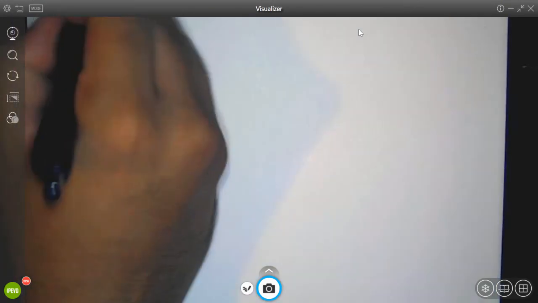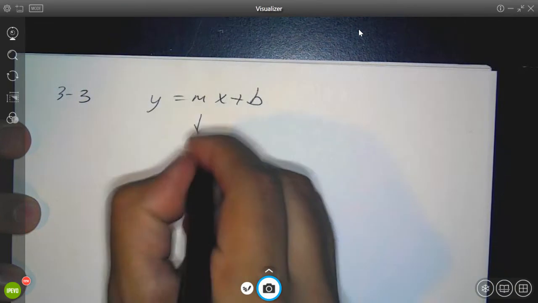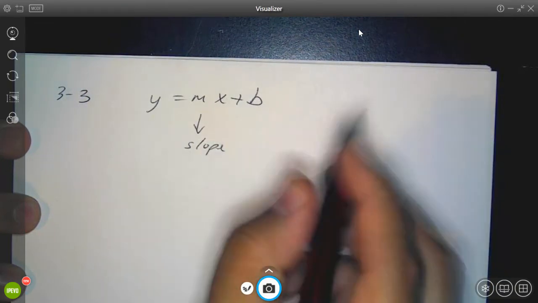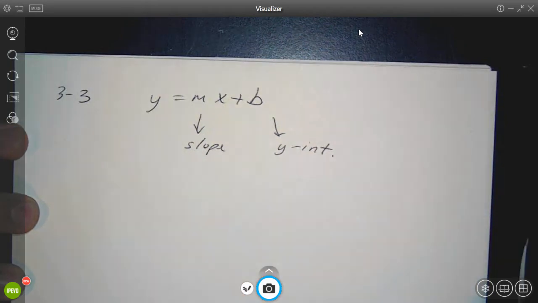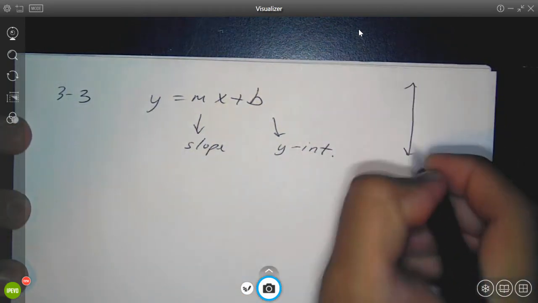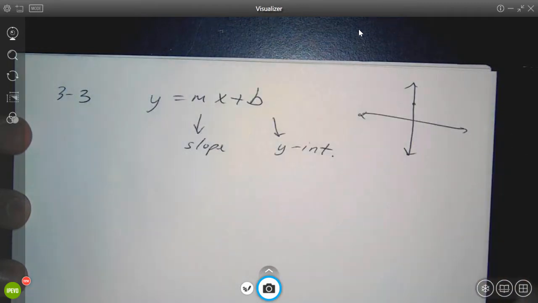So in 3-3, we talked about y equals mx plus b. What is nice about this equation? Well, the m is my slope, the b was my y-intercept. This is by far the nicest equation because when you think of a graph, you have your starting y-intercept, say the example there is 3, and we use our slope.